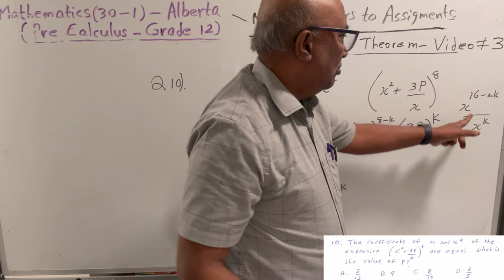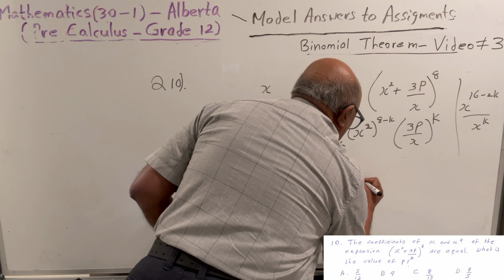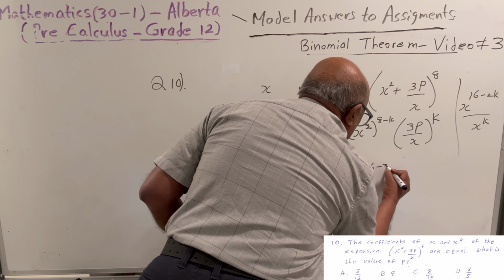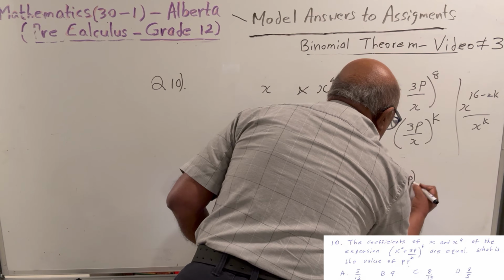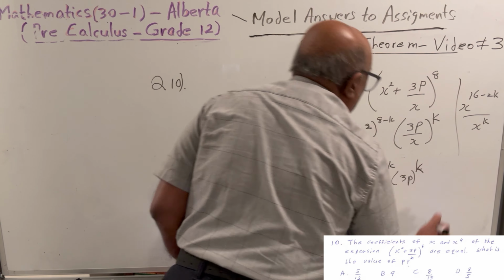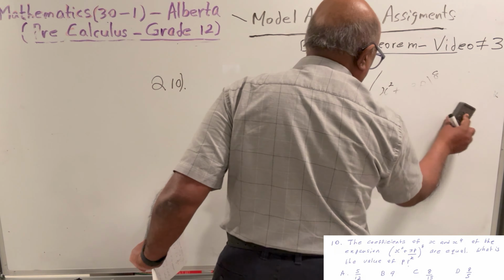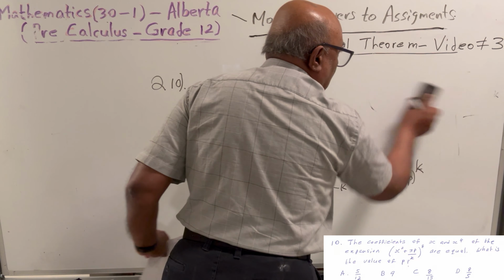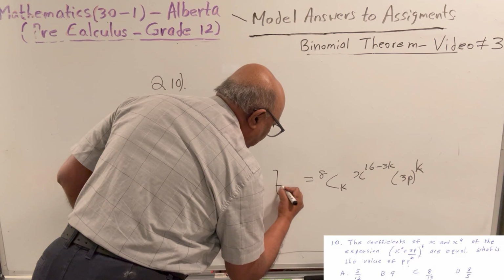Once you subtract, you get overall x to the power 16 minus 3k, and the balance term is (3p) to the power k. Okay, this is the general term.